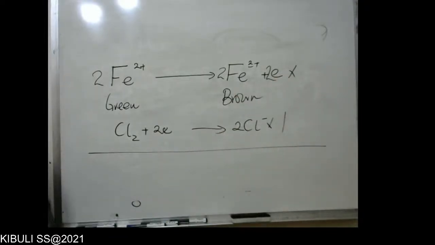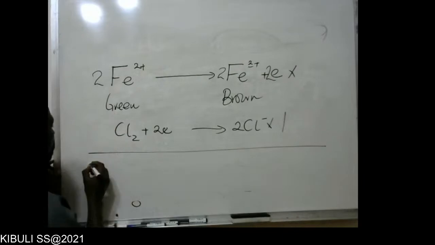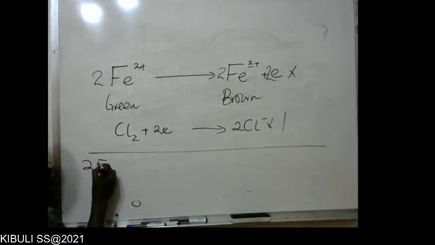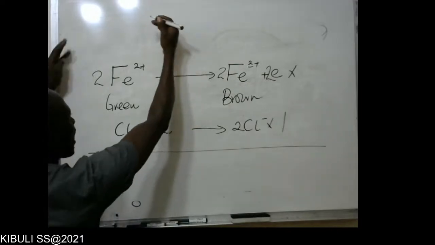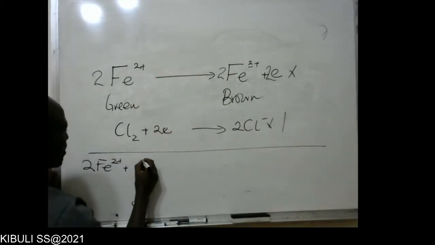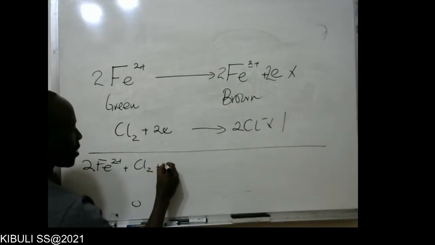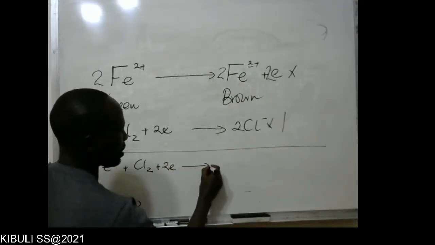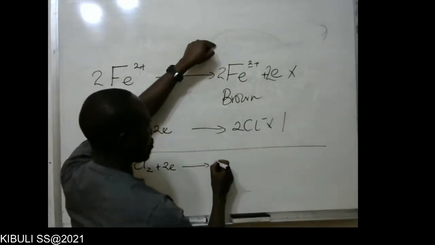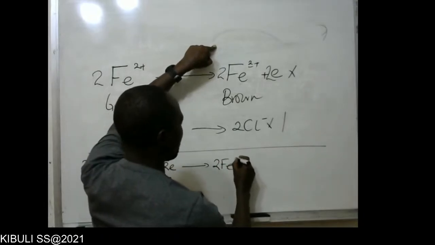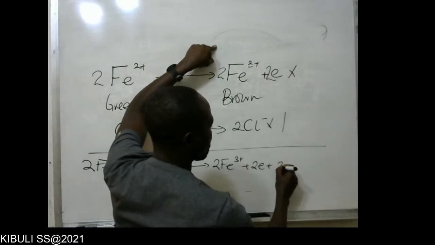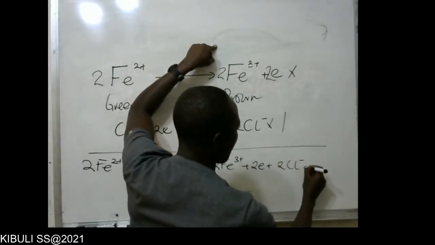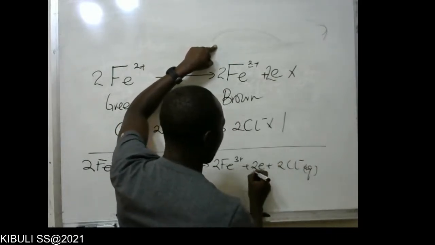We now remove them, as in mathematics. Because if I add the 2, I'm going to get 2Fe2+ plus Cl2 plus 2e, giving us 2Fe3+ plus 2e plus 2Cl-. And all of these are in solution now, aqueous.